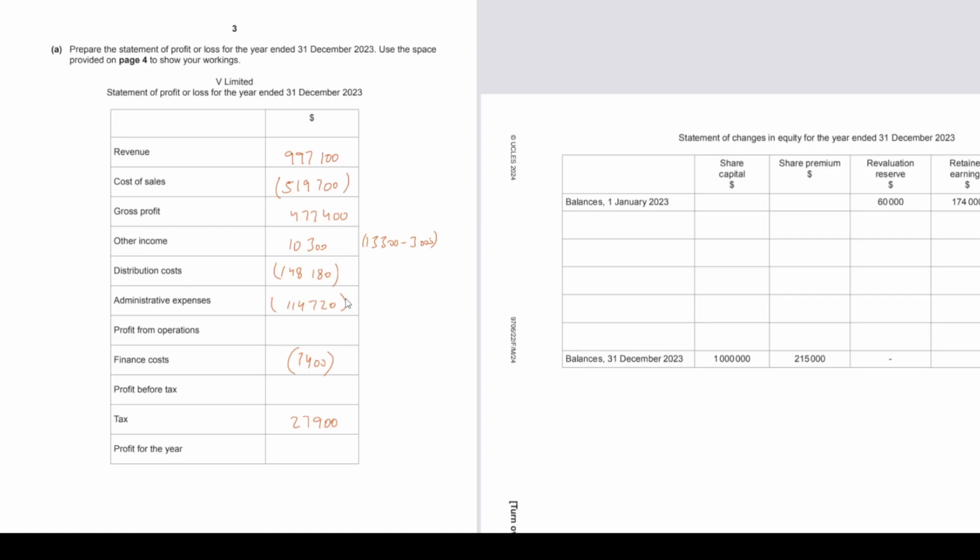Subtract 114,720. That's 224,800 minus 7,400, 217,400, and then of course minus tax, minus 27,900. That's 189,500. Okay, that's for the first one.